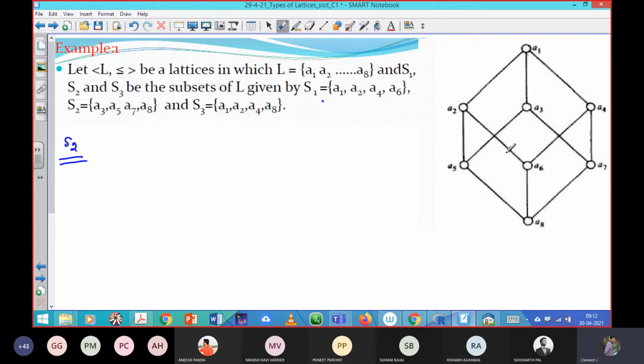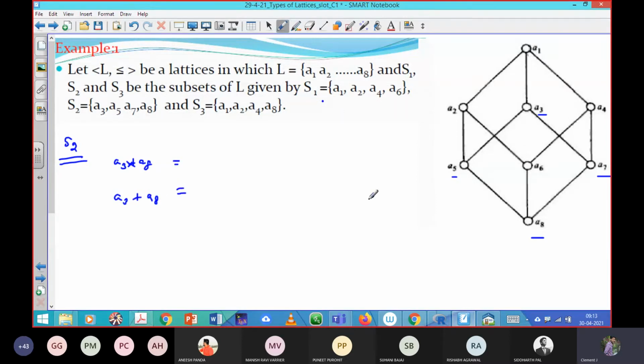In S2, we can pick pairs from A3, A5, A7, and A8. So we can check between A3 and A8, choosing some complicated pairs. A3 star A8, then A3 plus A8.